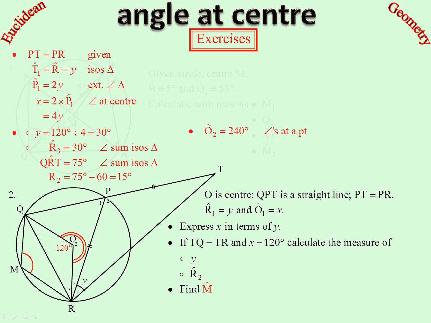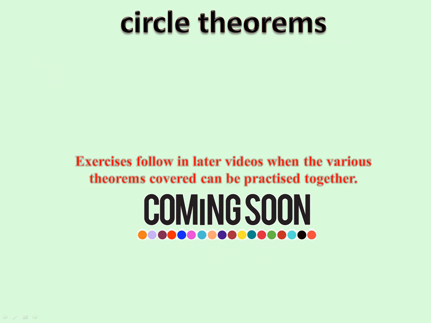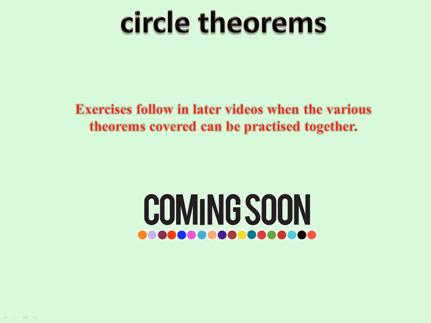So O2 is 240, angles at a point, which is twice M because of angle at center, so therefore M is 120 degrees. All this means is that later we're going to have all of them packed together where we can practice riders, proofs, everything together, but we need to establish the few things first.